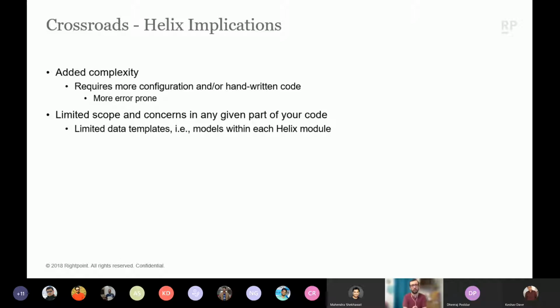Before Helix, at least in my experience, I followed the domain-driven development pattern. So I had a project that held all of my models. I had a project that held all of my business logic. I had a project that held all of my presentation, a different project for data layer.